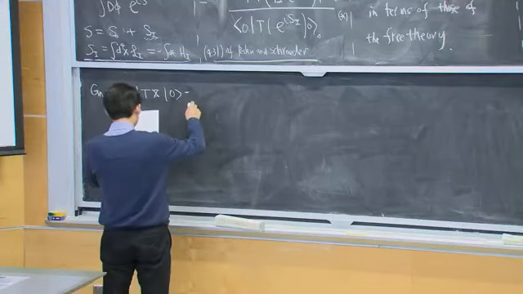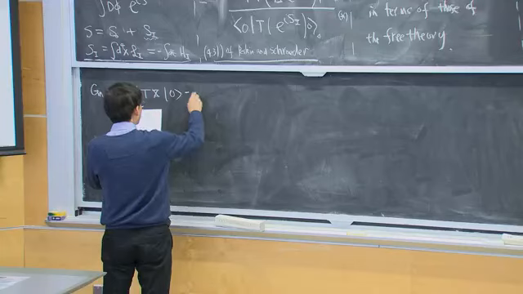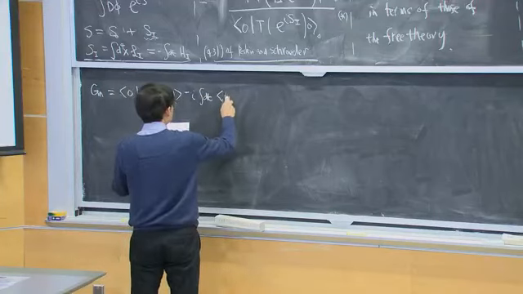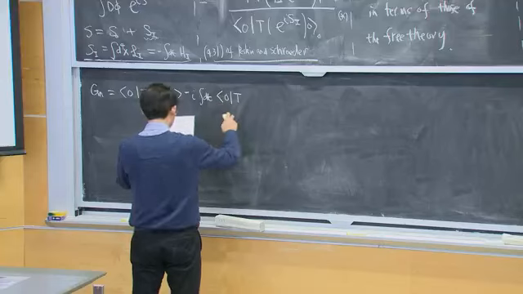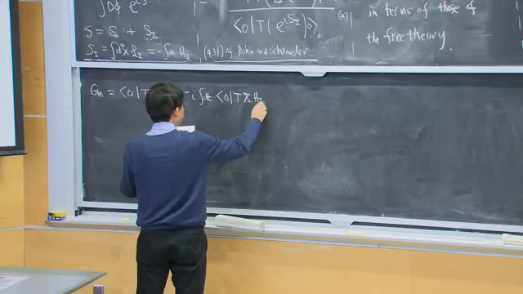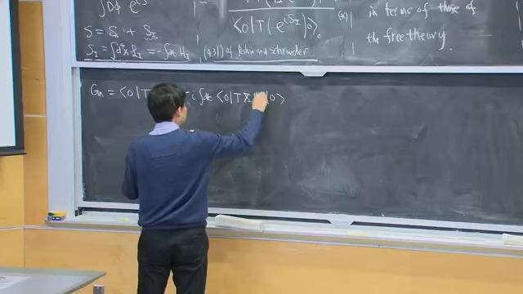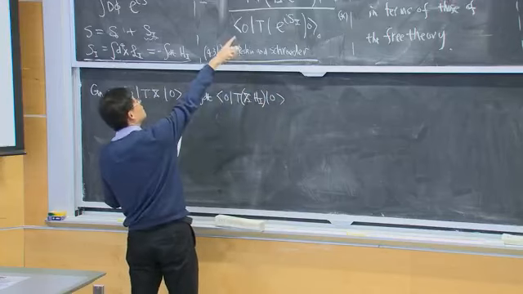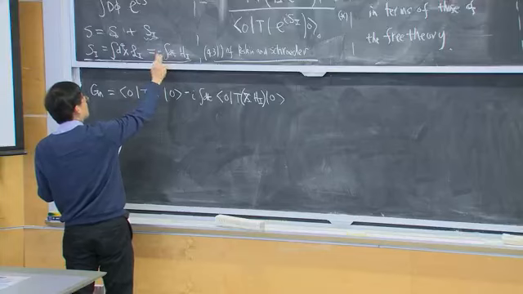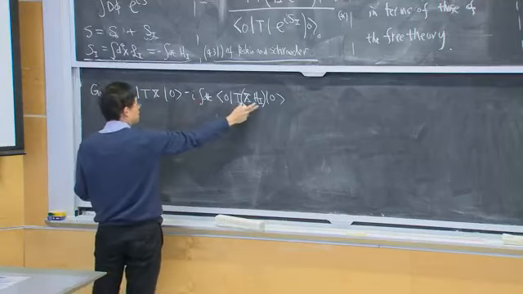And the next order would be i dt, T x H_I. So I have expanded to first order in S_I. When I expand S_I, it becomes dt times H_I with a minus sign. So I just write it like that.